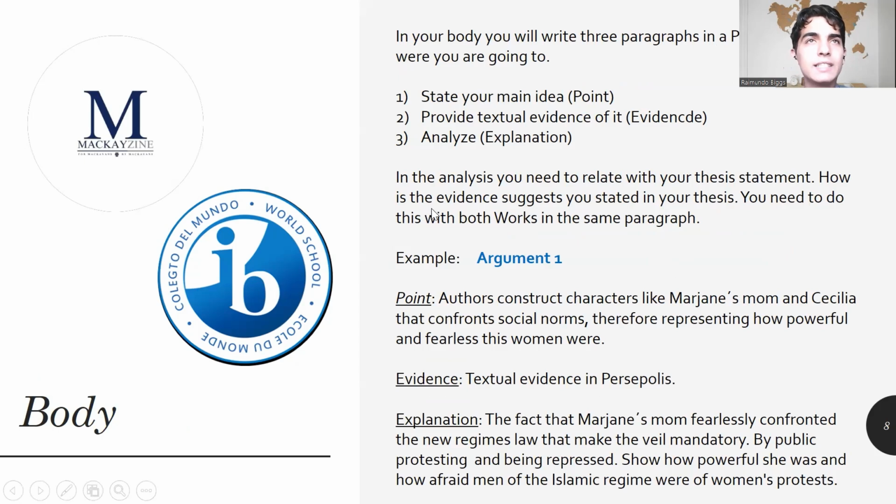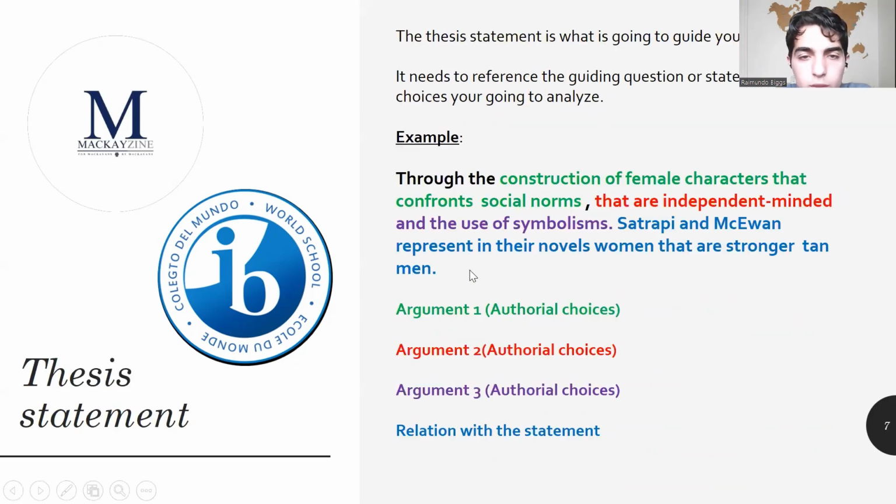Then in the analysis, I will connect it with my prompt. So let's exercise with what is going to be our argument 1. That is going to be that construction of female characters that confront social norms represent that women are stronger than men.